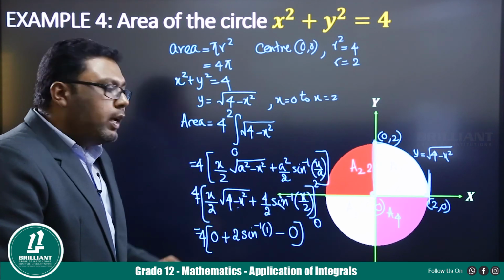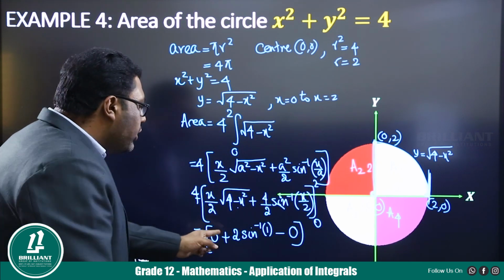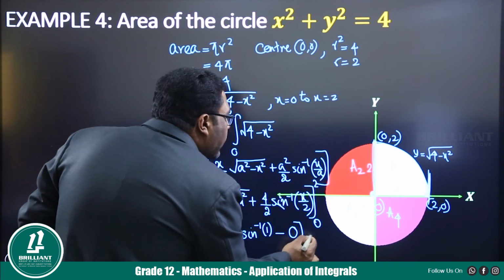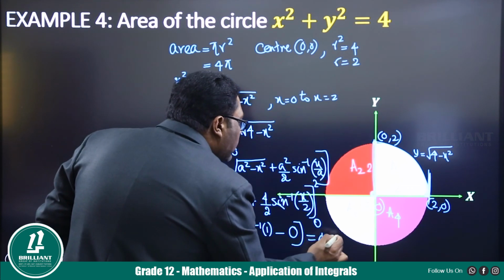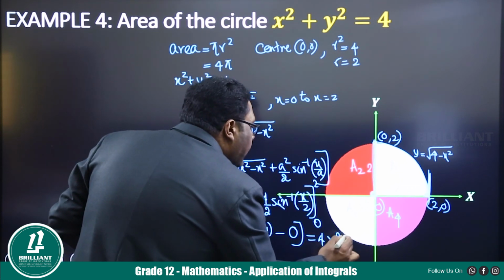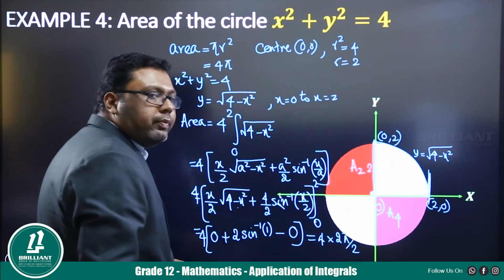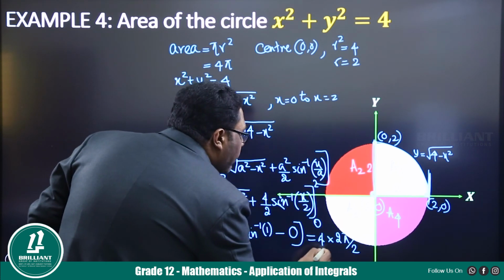So the entire lower limit is 0. That is going to be 4 into 2 sine inverse 1, and sine inverse 1 is pi by 2. So the answer is 4 pi.